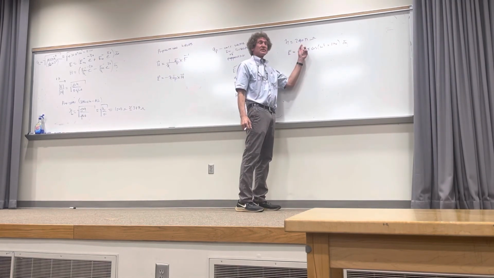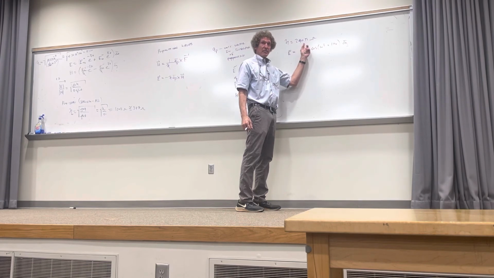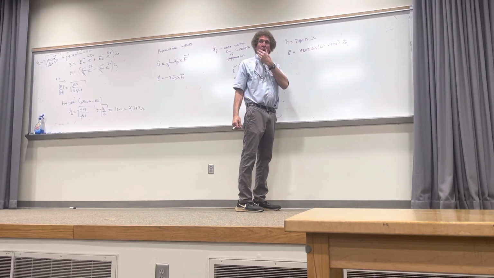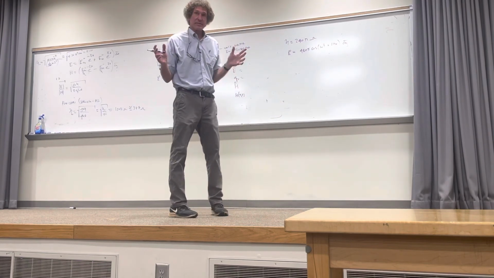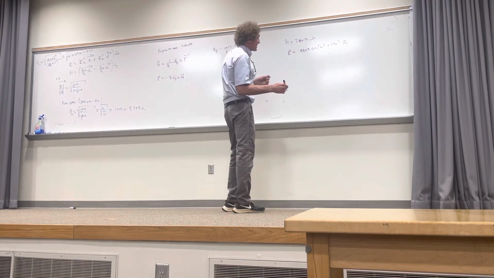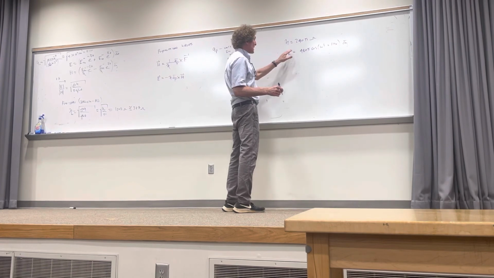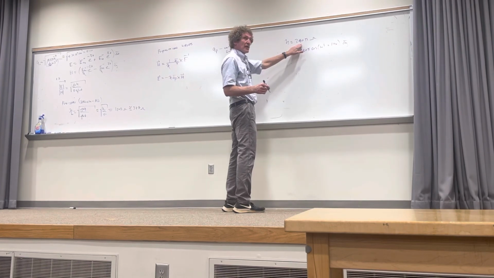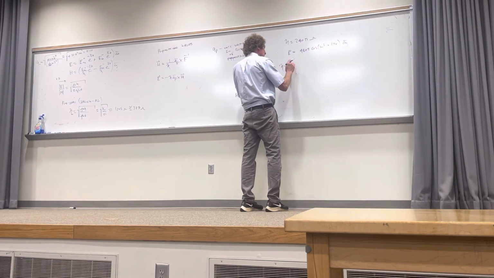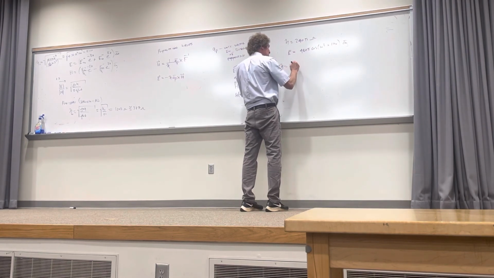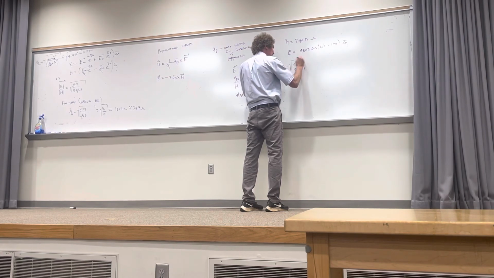If it was free space, this would be 120 pi. Do you all follow me? So what we're going to do is figure out everything about this. First, I know this is 240 pi, right? Now when I look at eta, technically it's the square root of j omega mu over sigma plus j omega epsilon, right?